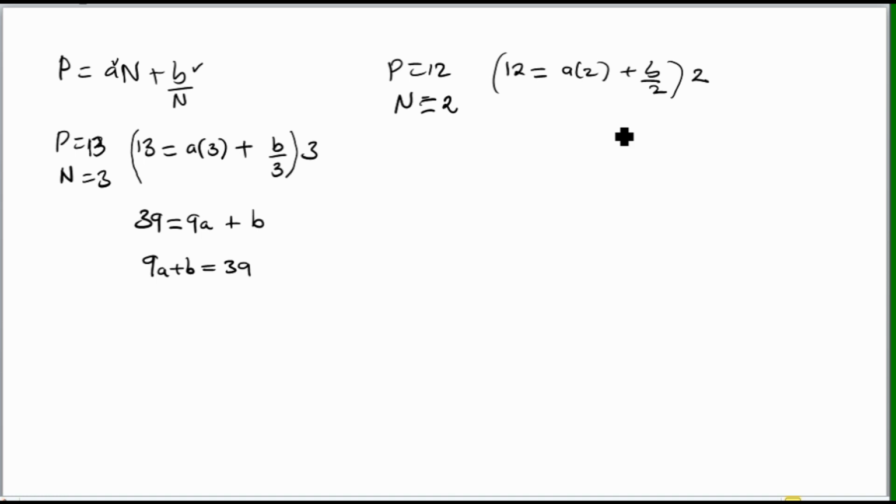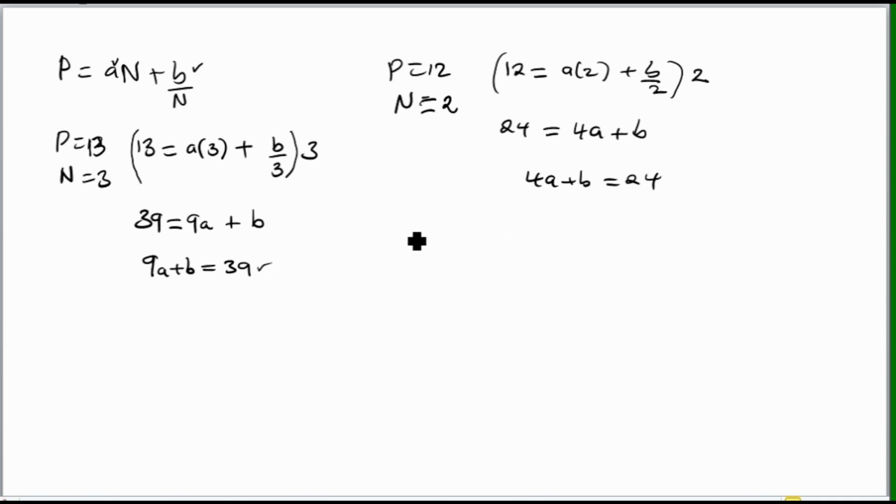And then of course multiply through by 2, from which 2 by 12, that is 24, equals 2 by that one is 4A plus B over 2 times 2 is B, implying that 4A plus B equals 24.